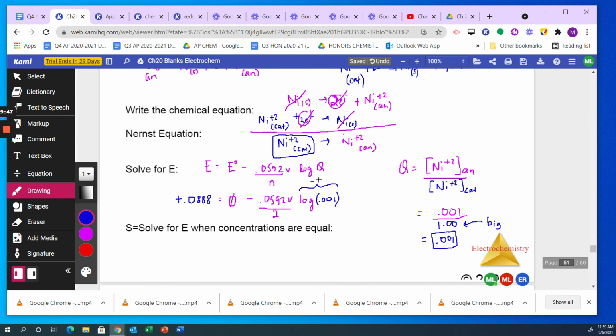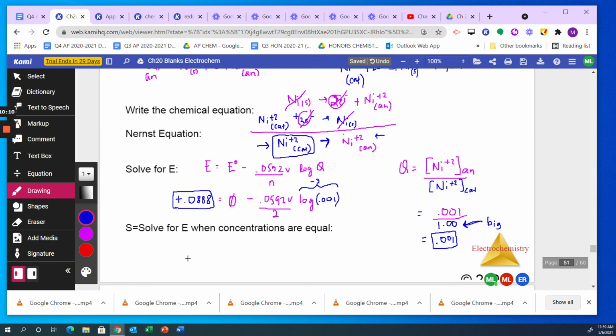This is actually -3. If you multiply a negative and a negative, you get a positive number, which makes this voltage spontaneous. So the key to concentration cells is having a lot of reactant right here and very little product, which is right here, to make the reaction proceed to the right.